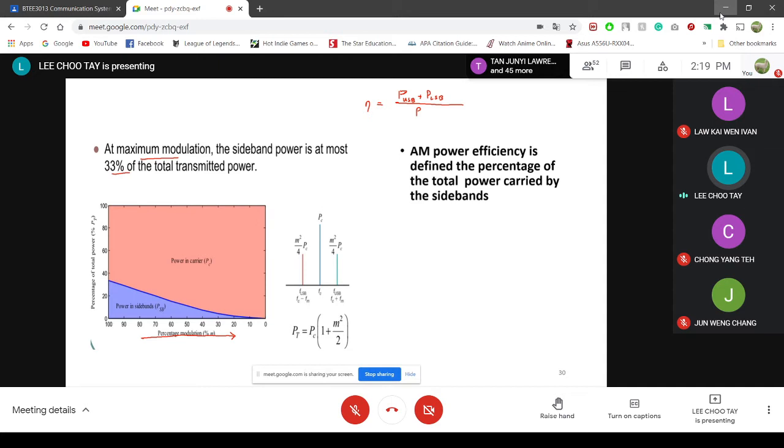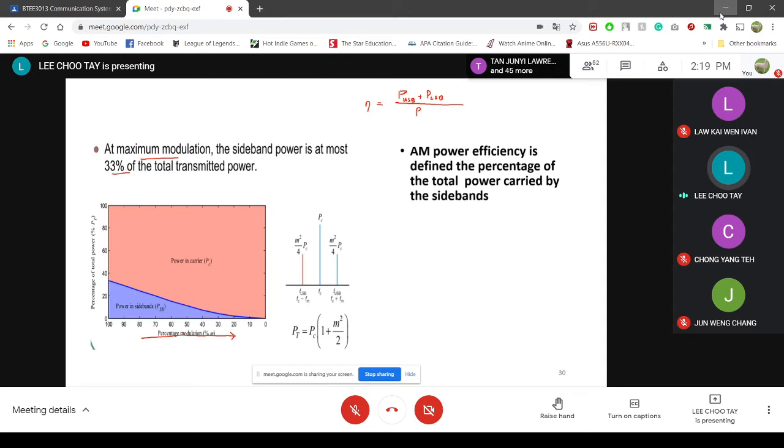In this example, you're asked to determine the power efficiency of the AM wave when the modulation index is 0.5 and 0.3, and then compare your answers in A and B, and suggest how the power efficiency can be maximized. These questions just make use of your equation.